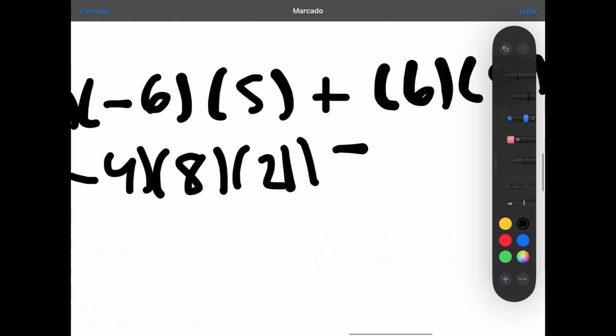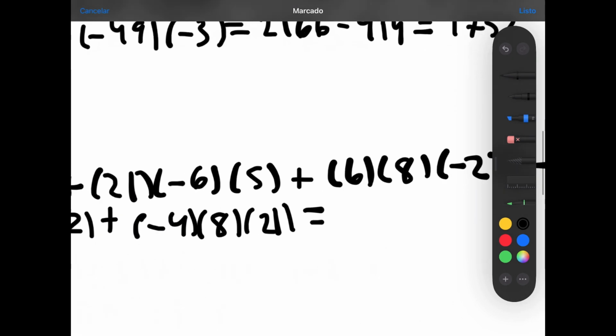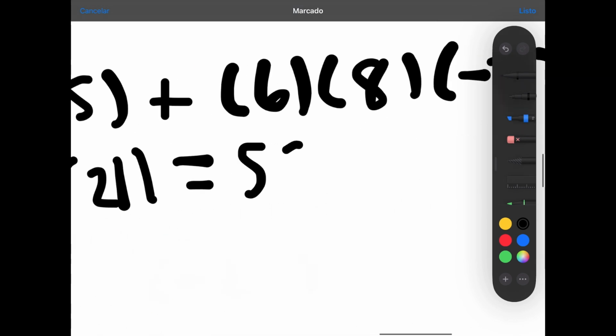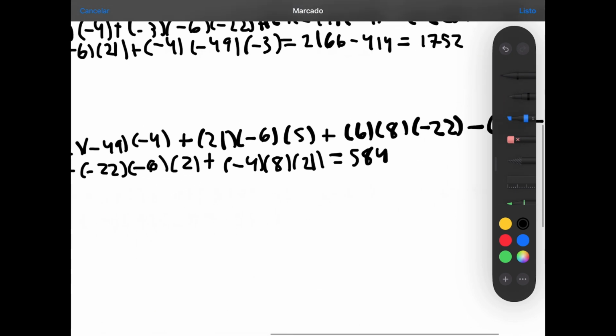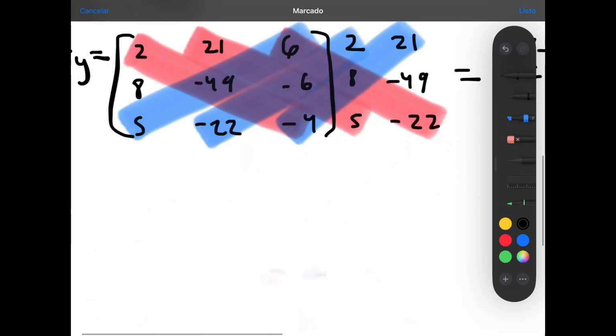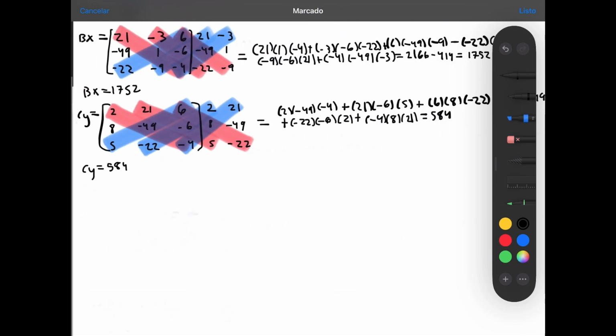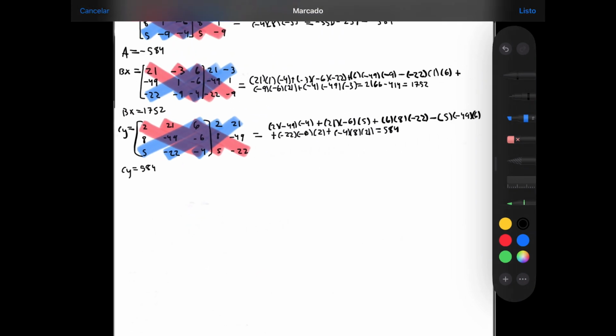So all this will give you, changing the sign, 584. So CY is equal to 184. So now we're almost done.